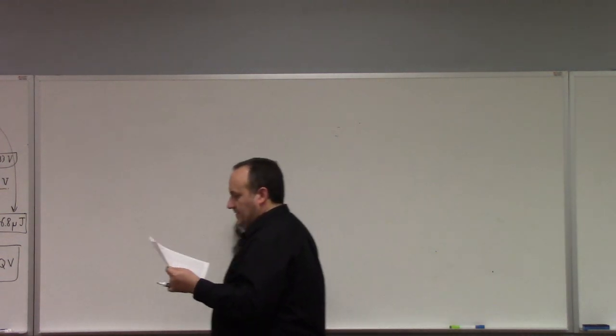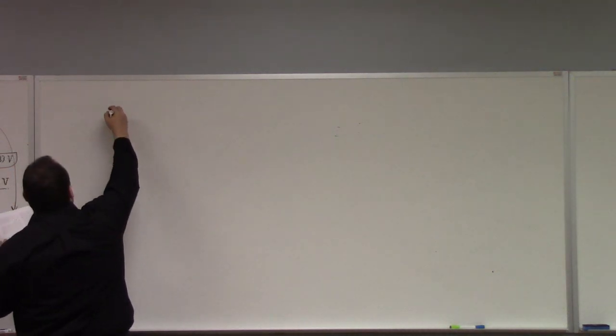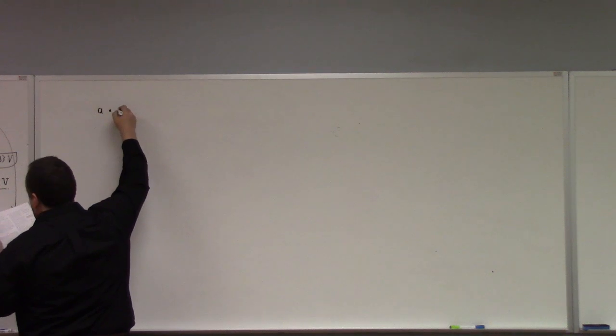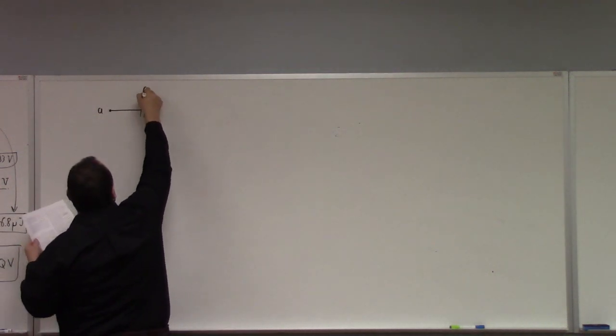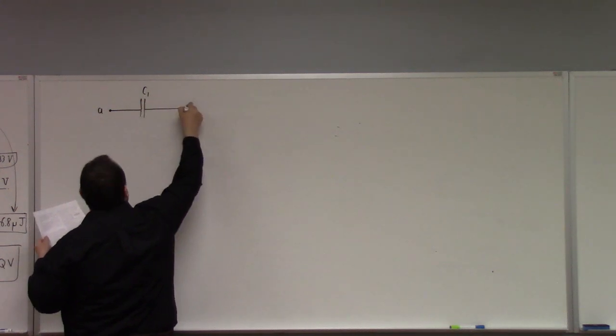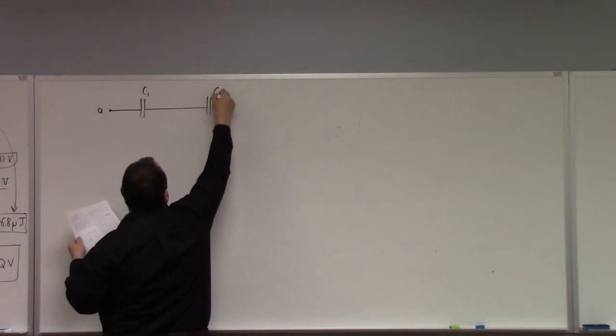All right, so we've got this kind of interesting situation. We've got point A, and then you've got a capacitor, which they've called C1, and then you've got another capacitor over here, which they've called C3.